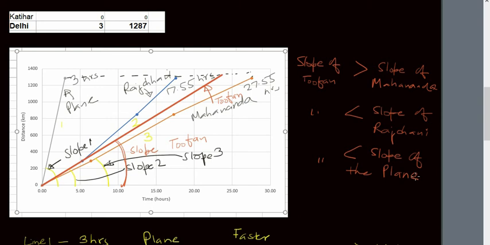So what does it tell you? The speed of Tufan. What tells you that, because this slope is greater than the slope of Mahananda, it must be moving faster than Mahananda. Because the slope is less than slope of Rajdhani, let me draw a line between, let me choose a blue color.